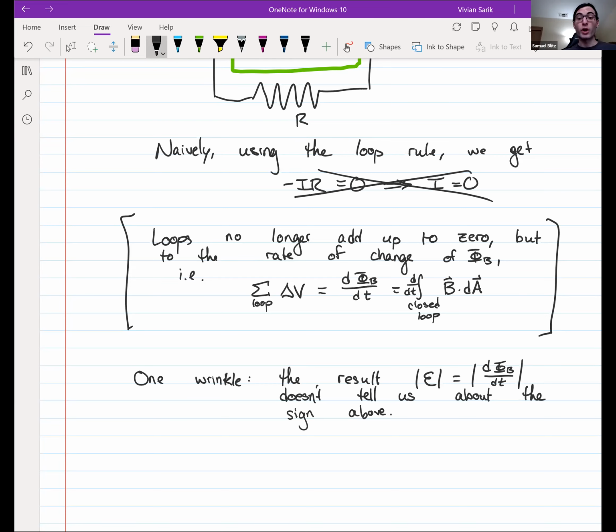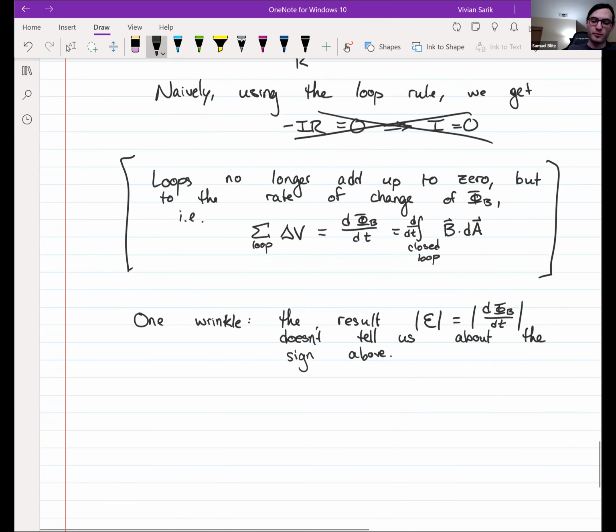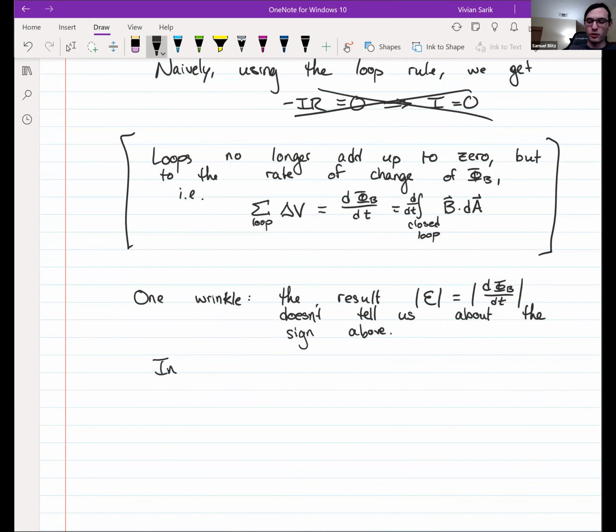So let's just work out the case above. In the example with the moving bar and all that, the formula that we should end up with is IR equals vBL. That is the formula that we should get, right? This side is positive, this side is positive. It should just be hunky-dory like that.